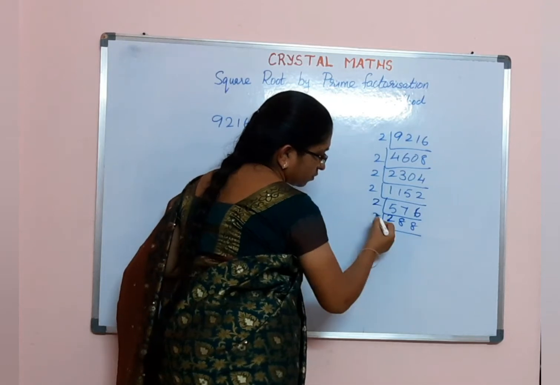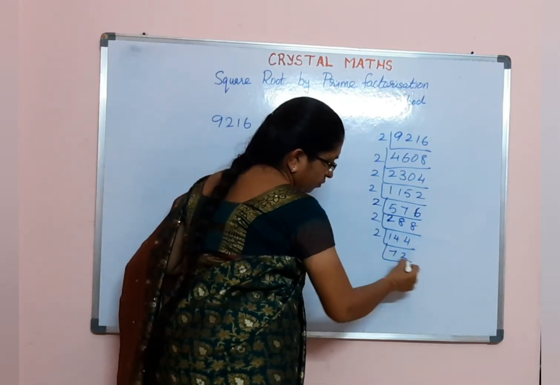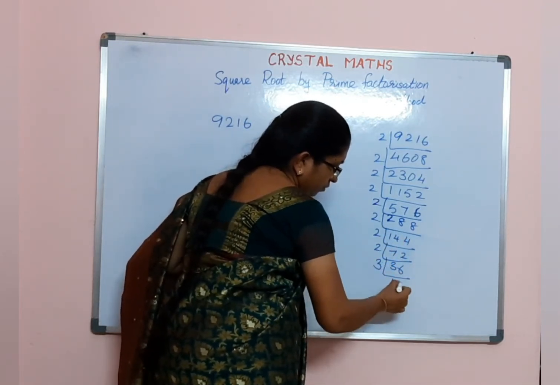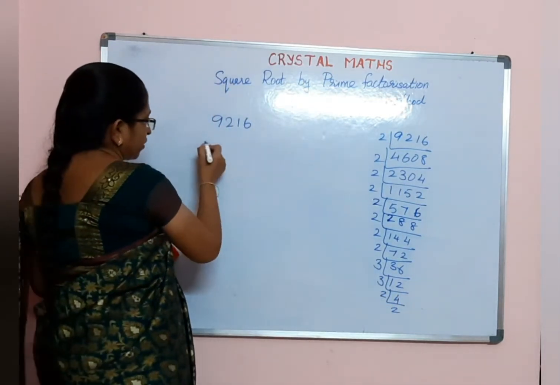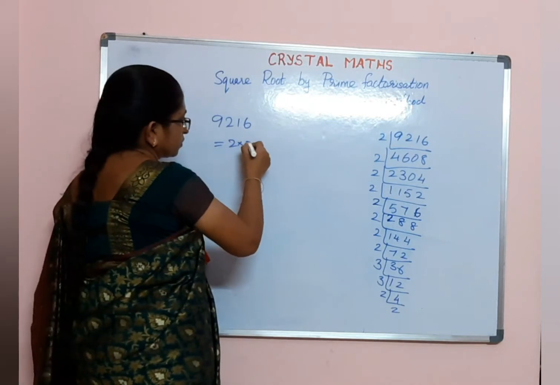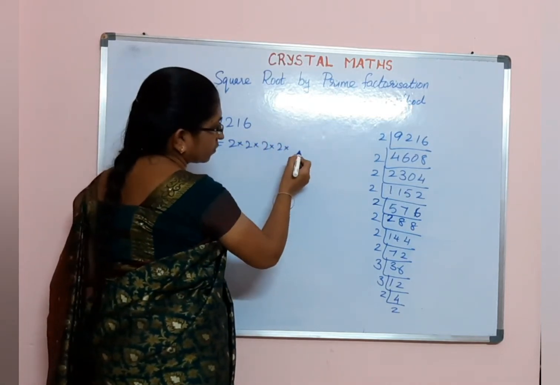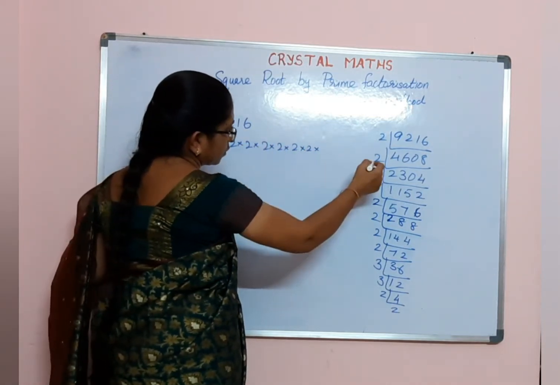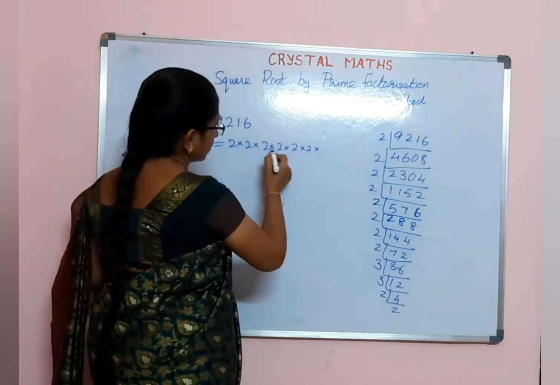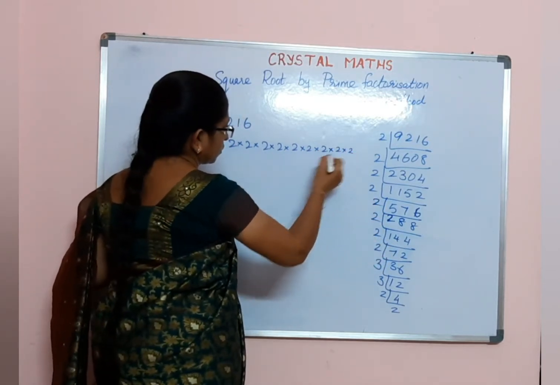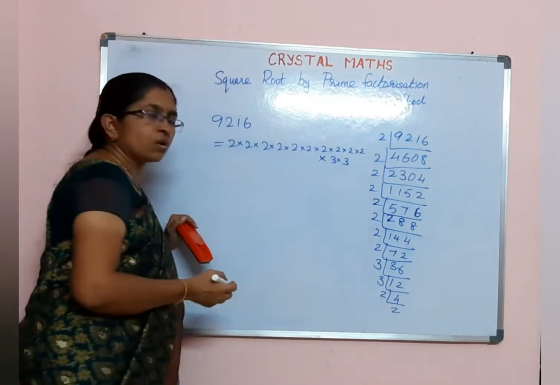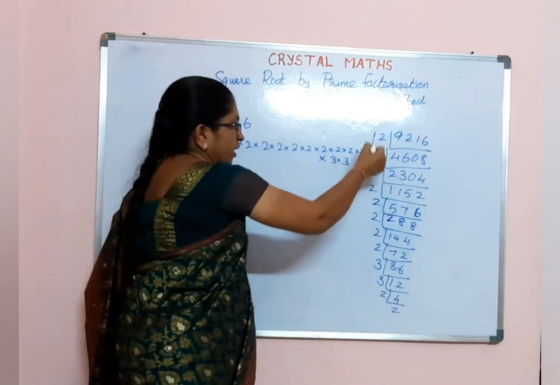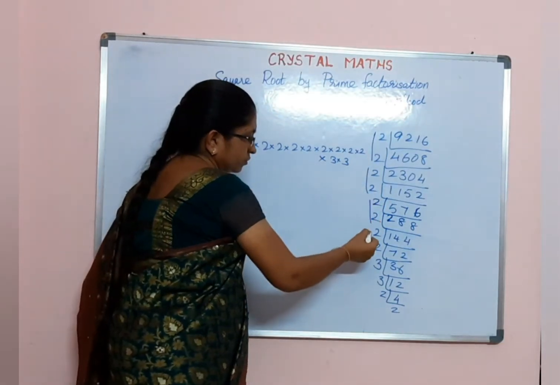After writing that, in the same way write in product form. We can count the 2's also for our clarification and confirmation. Then underline two numbers in each pair.